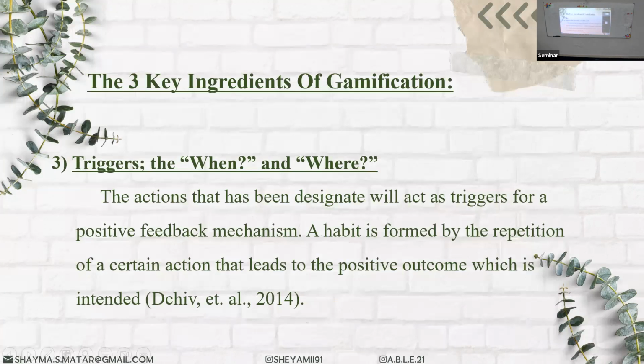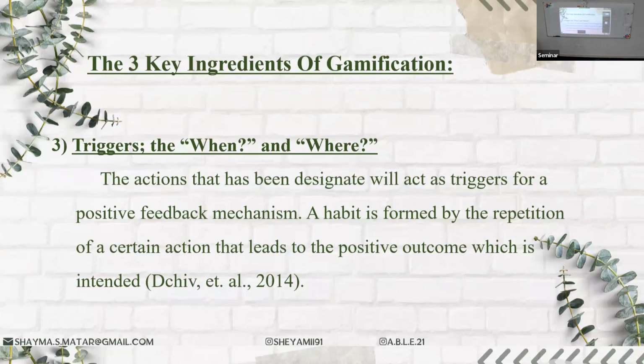Yes, the trigger is the when and where. The actions that have been designated will act as triggers for positive feedback. When you give a task to your students, you have to be specific about this task. You must give correct and clear directions and instructions so they can accomplish the task perfectly.